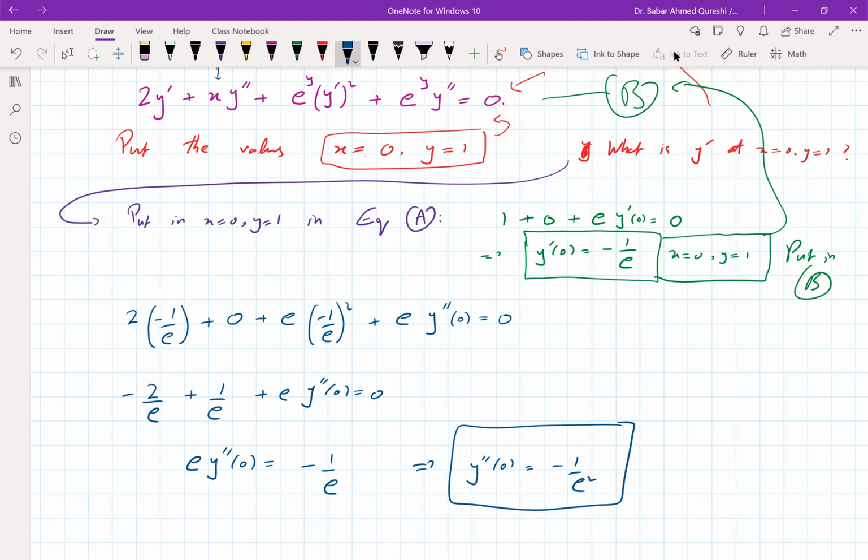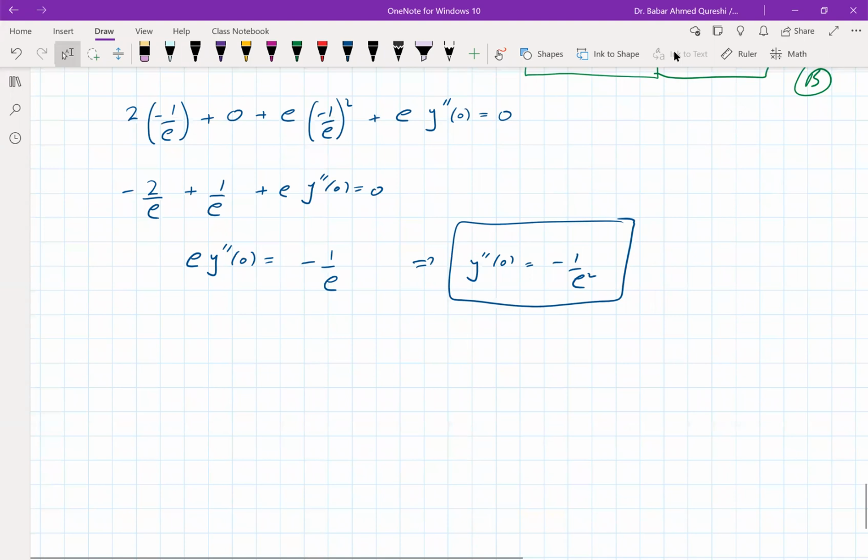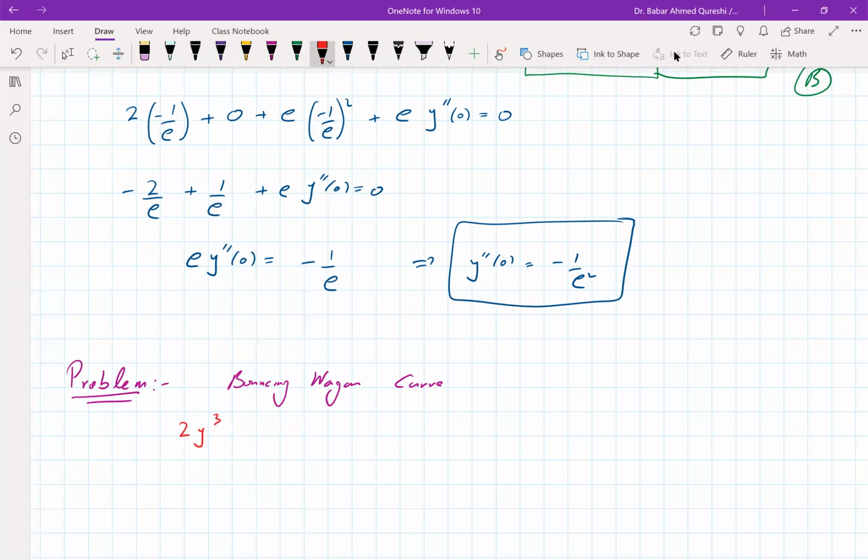Now let's look at this problem. So you are given this curve. This is called a bouncing wagon curve because of its shape, but that doesn't concern us. The curve is described by this relation.